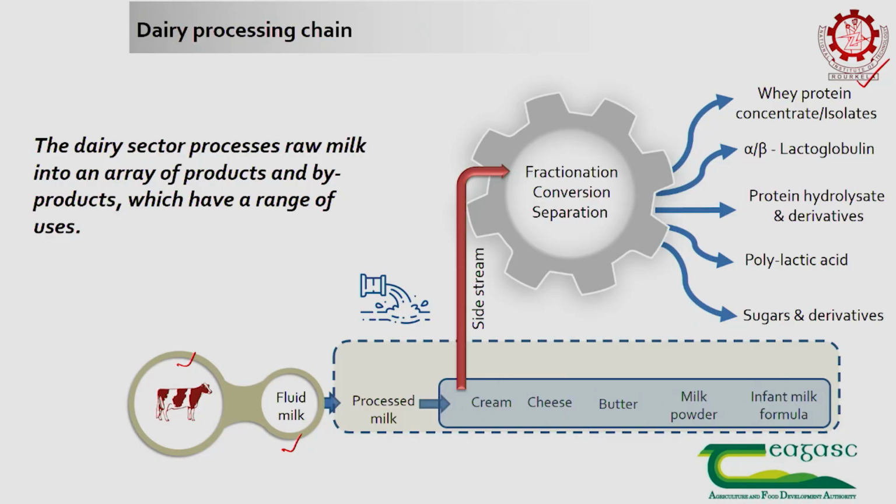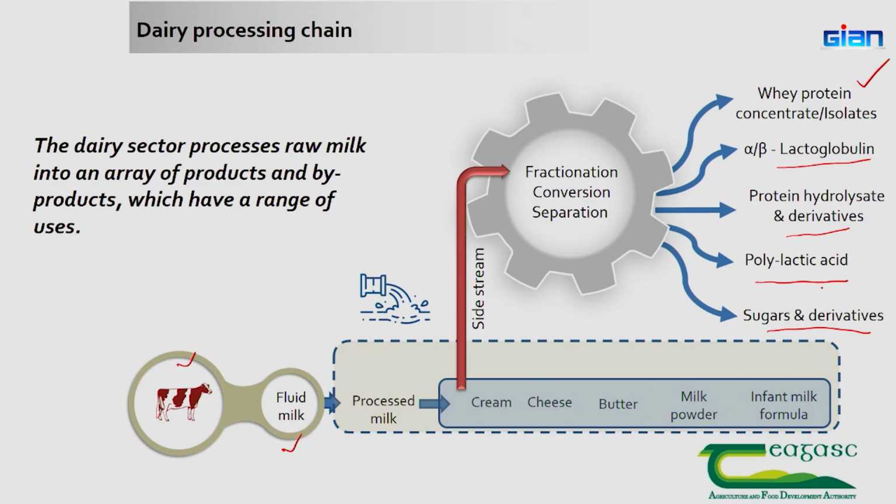Anyway, take an example from this particular process. Whey protein isolate is a big business, right? Then after this, they started looking for alpha and beta lactoglobulins, hydrolysates, polylactic acid, sugars and other derivatives, that is lactose.